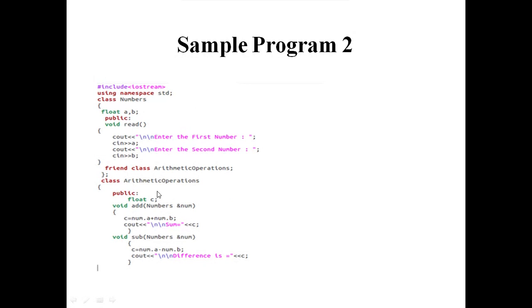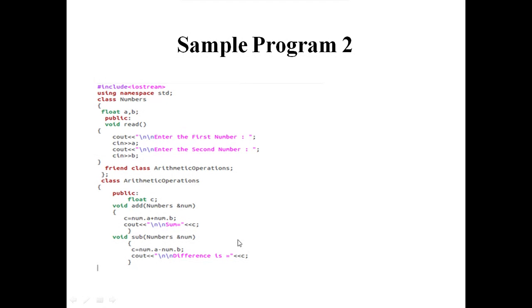So we have to access the private data members. In add we find a plus b, in sub a minus b, in multiplication a star b, and in division a slash b. But a and b are within Numbers, isn't it? So they are private data members.